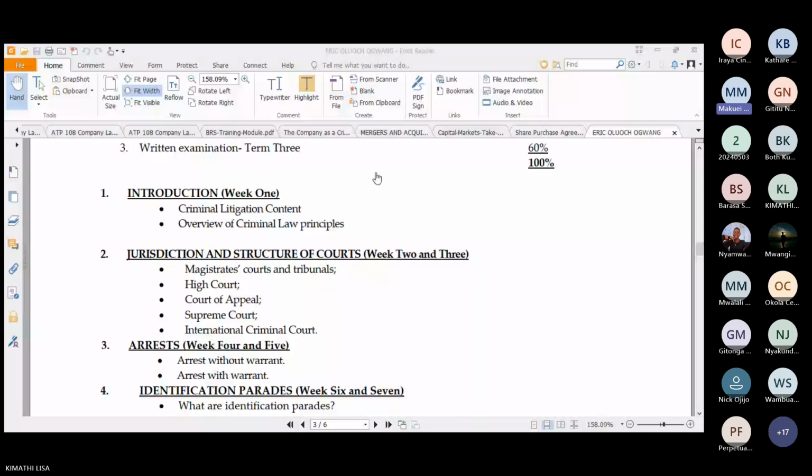You will also be required, as number 3, I don't know if you are noting down, a petition of appeal. Can someone among us tell us what is a petition of appeal? Anyone? You can raise your hand. Anyone, please? Petition of appeal.